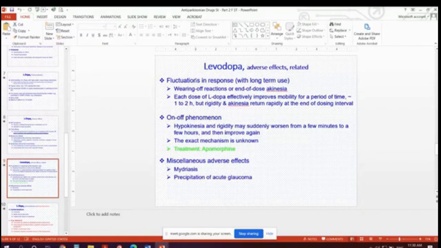So this means that there is a wearing off. The amount of dopamine available is less. So in this case, you might use dopamine receptor agonists to keep the receptor stimulated, and the other option is to use MAO-B or catechol-O-methyl transferase inhibitors. This also can solve the issue and flatten the response.